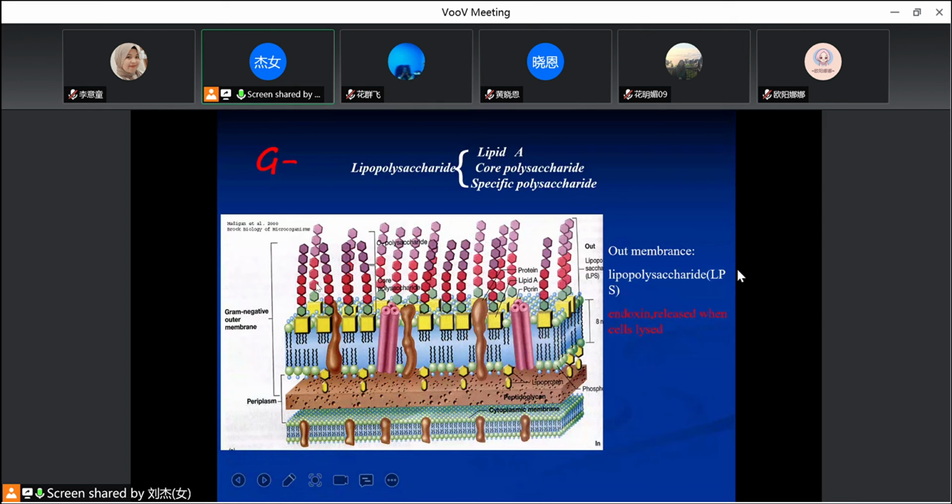There is something that looks like grass. What is it? This grass is the LPS. And there are some other proteins inside it. So this is the gram-negative and gram-positive.